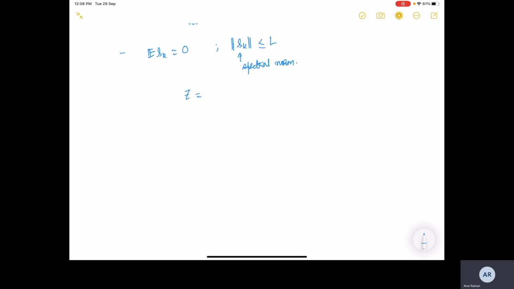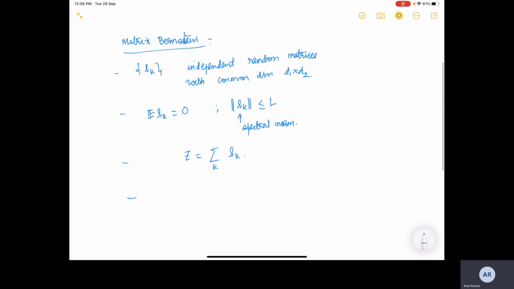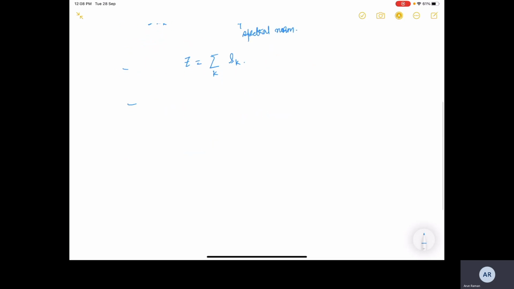Next, if we denote Z as the sum of these independent random matrices, these are just semantics, we can also define a variance statistic, since the matrix can be rectangular as well.